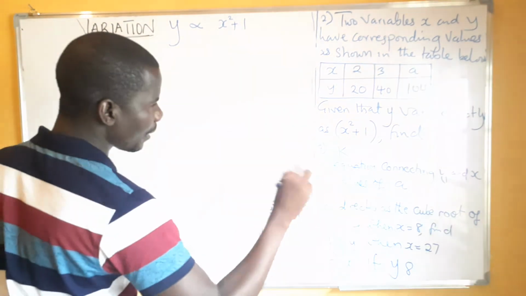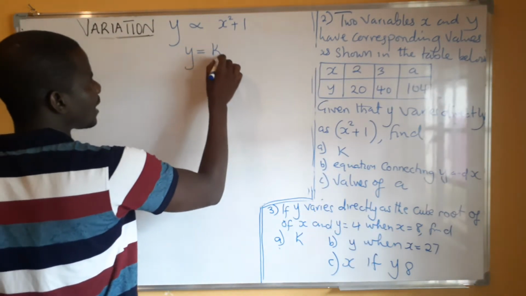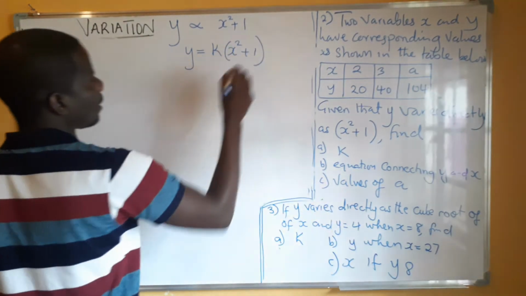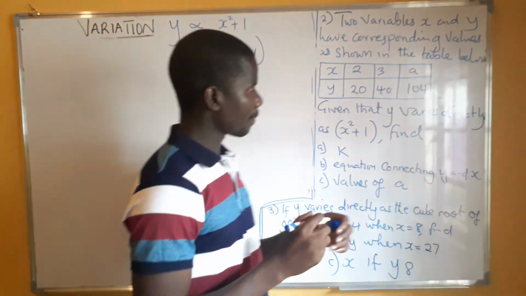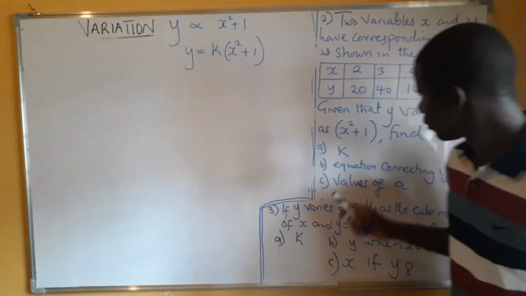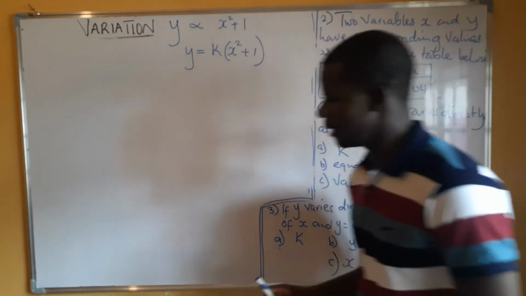So we need to write the equation now. The equation is going to be y varies directly as k, the constant, times x squared plus 1. But of course, we are not using the equation to answer this question. No. We need first to find the value of k.